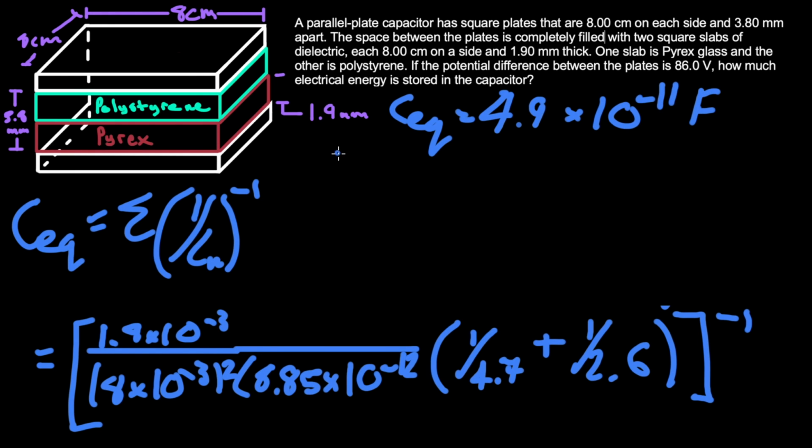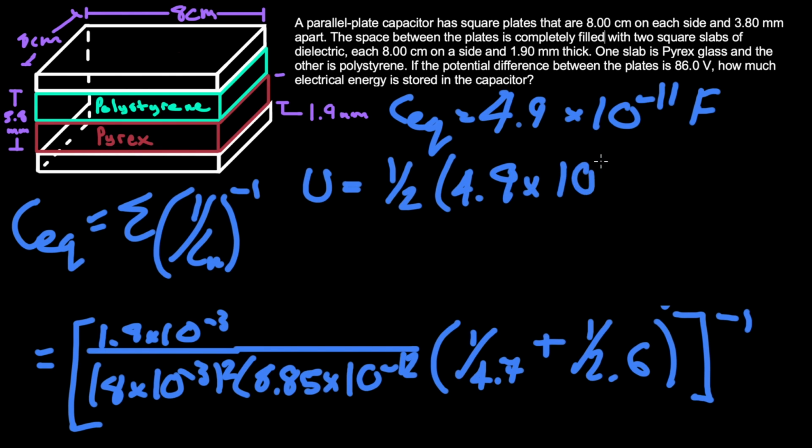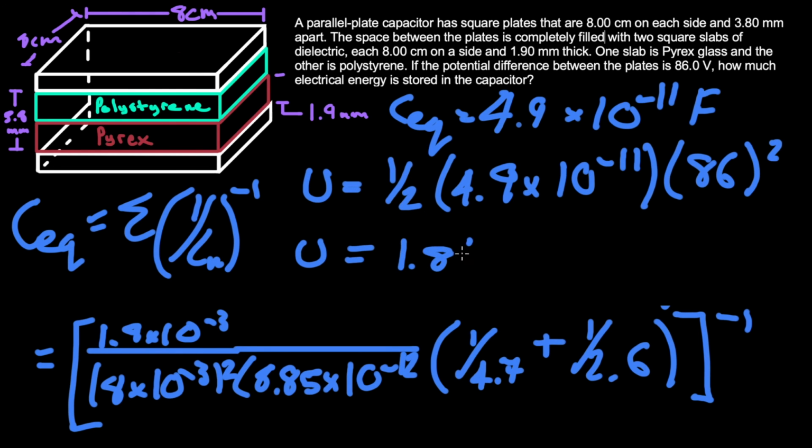And we wanted the energy, so we're going to write U is equal to a half our equivalent capacitance of 4.9 times 10 to the negative 11, multiplied by our voltage squared, which is 86 squared, giving us the total energy stored as 1.84 times 10 to the negative 4 joules.